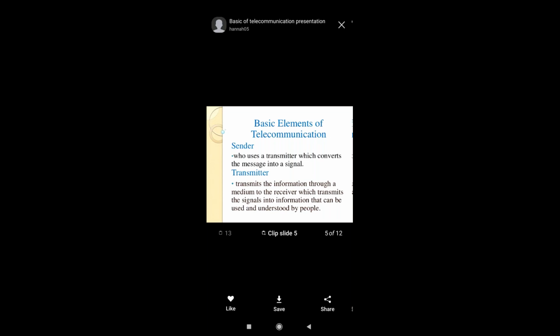We have the sender, the one that sends the message, who uses the transmitter, which converts the message into signal. Then the receiver is in charge of converting this message from the signal down to the information which can be understood by the people. Okay?